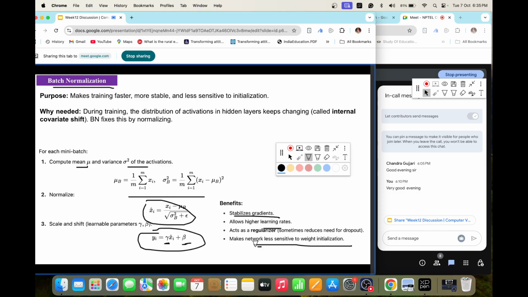That is very important, because in neural networks we do weight initialization, and it is a strong factor in our result. So these are some of the things regarding batch normalization.